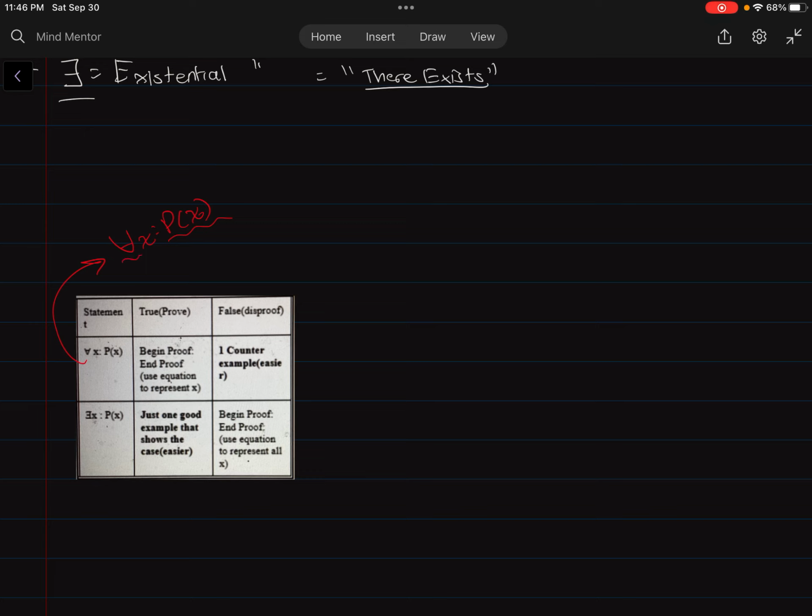So let's say in this case p of x means x lives in Paris, and in this case x is a person. Right, x is our argument and x is a person. So what does this statement mean? Well, this is short form. In long form, it means for all people x, x lives in Paris.